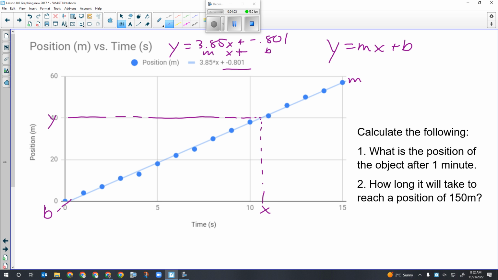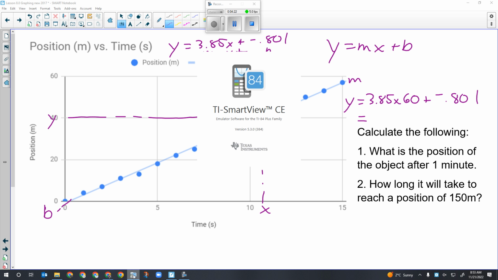So if I'm going to do this question, I'm just going to go y equals 3.85 times 60, my x value, plus negative 0.801. Sorry, I forgot to fire up the calculator.